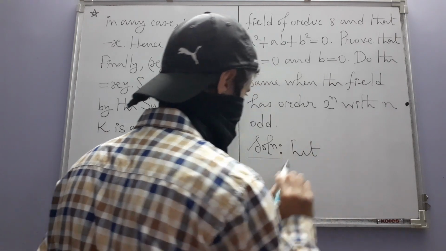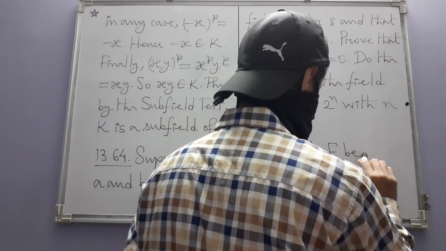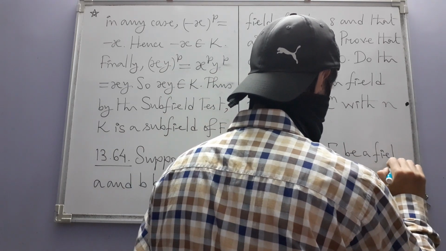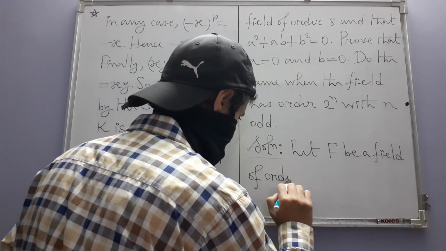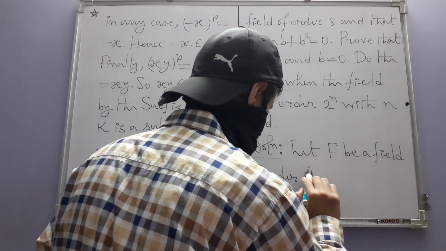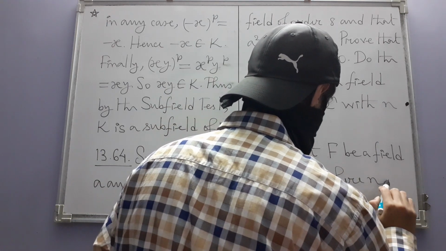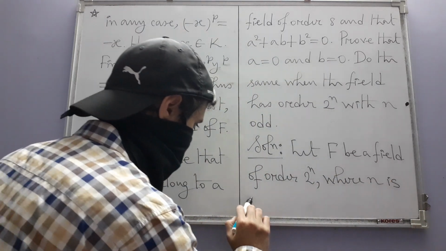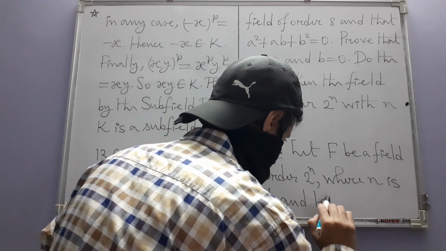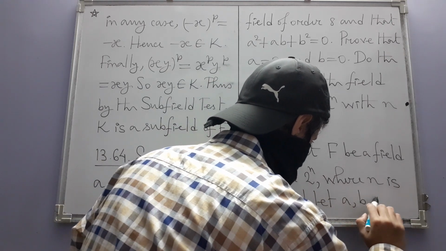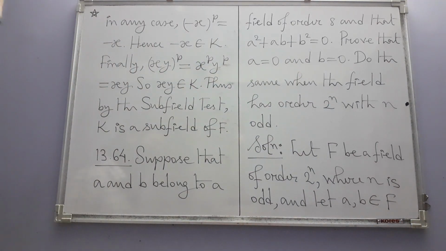Let f be a field of order 2 to the power n where n is odd, and let a and b belong to f that satisfy these conditions.